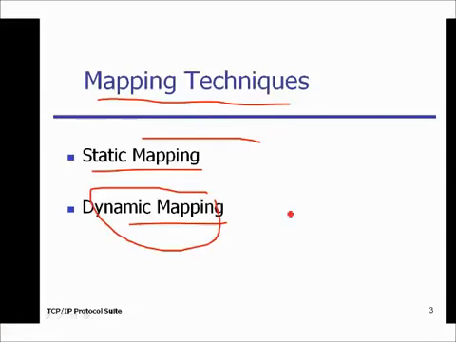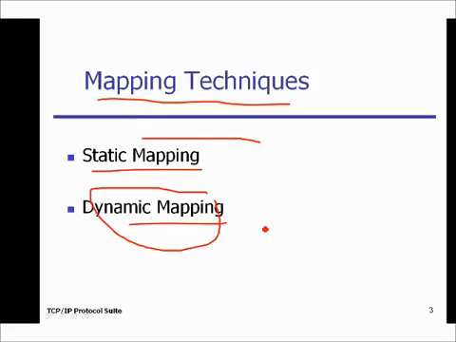In dynamic mapping, each time a machine knows one of the two addresses, logical or physical, it can use a protocol to find the other one. Two protocols have been designed to perform dynamic mapping: Address Resolution Protocol (ARP) and Reverse Address Resolution Protocol.